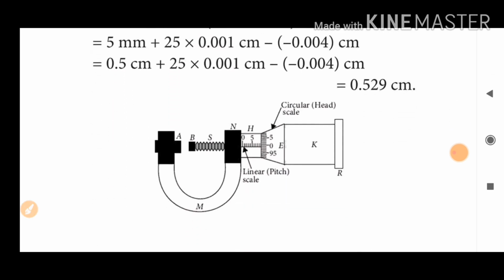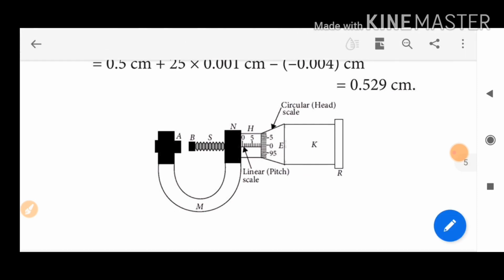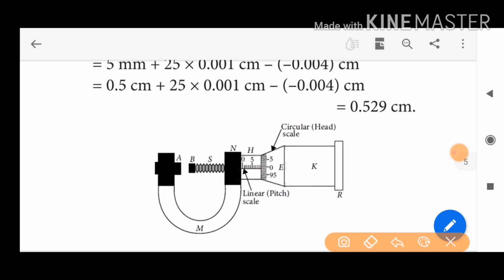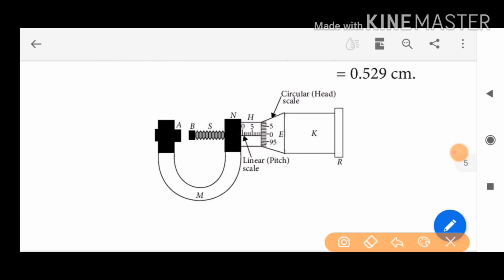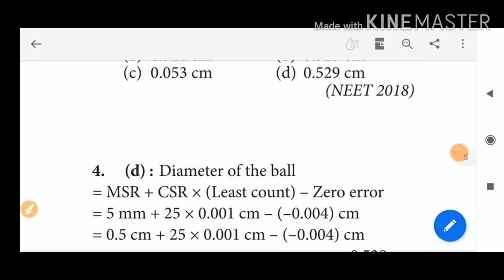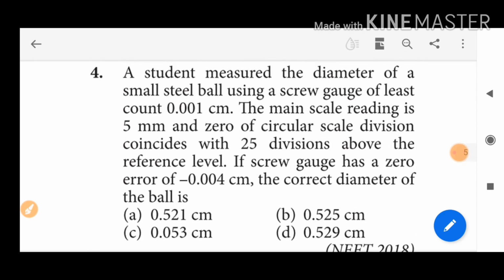So how does a screw gauge look? This is the main scale, and this is the circular scale. What is given in the question? 5 millimeter of main scale.